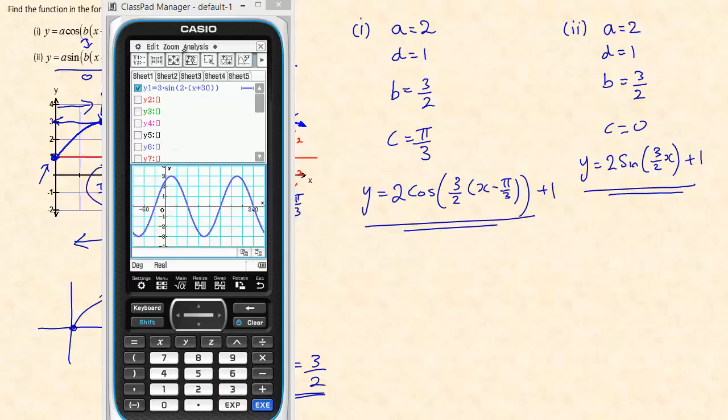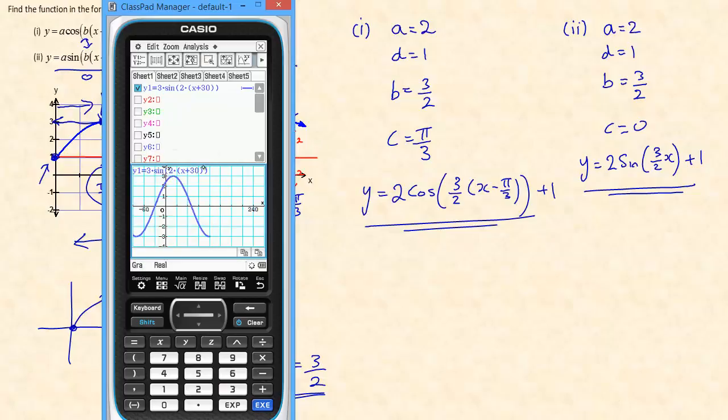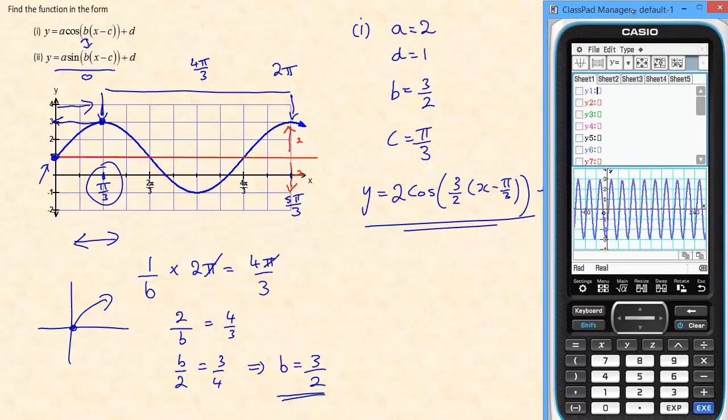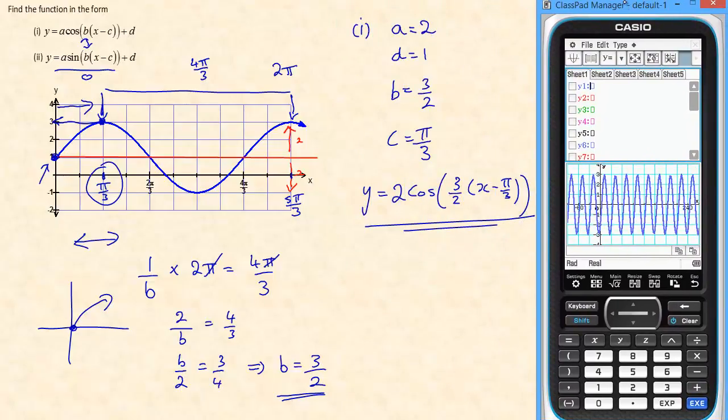So let's bring in the calculator again. We need to be back to radians. Don't worry about what's happened to the graph here, we need to adjust a few things. So let's start with this cosine.